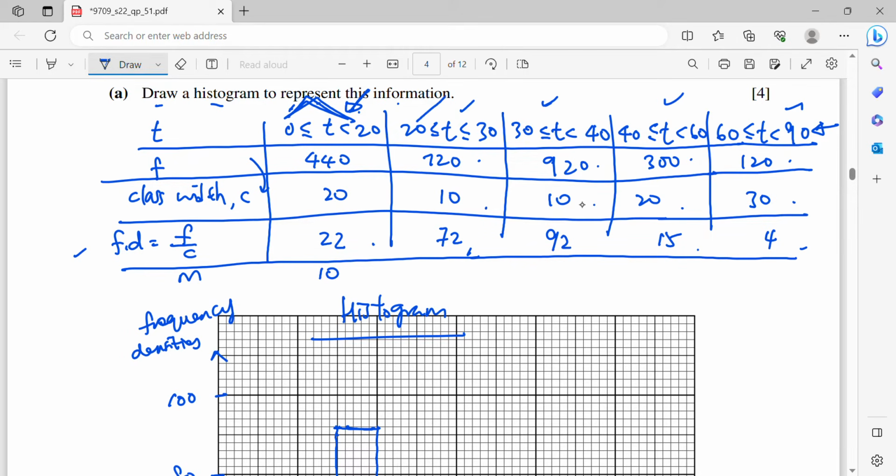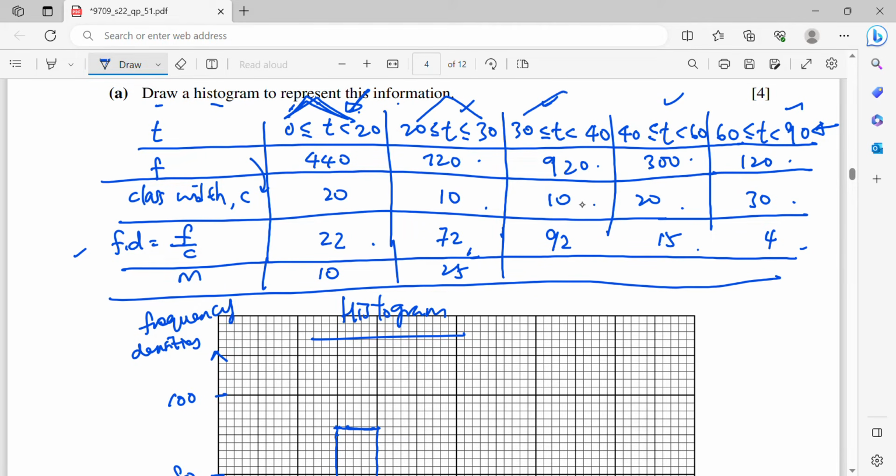Then the next one is 20 plus 30 divided by 2, which is 50 divided by 2, you'll get 25. Then after that, the next class, 30 plus 40 is 70, 70 divided by 2 is 35. Then 40 plus 60 is 100, divided by 2 is 50. Lastly, 60 plus 90 is 150. 150 divided by 2 is 75. Okay, all these are my m.